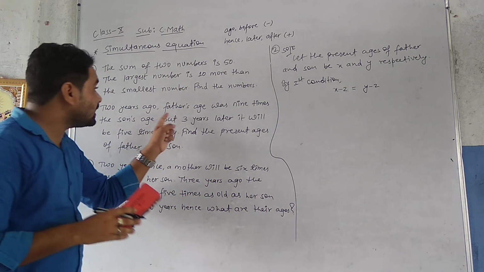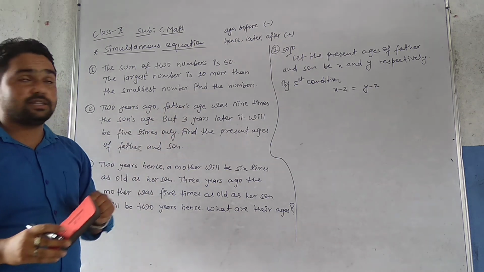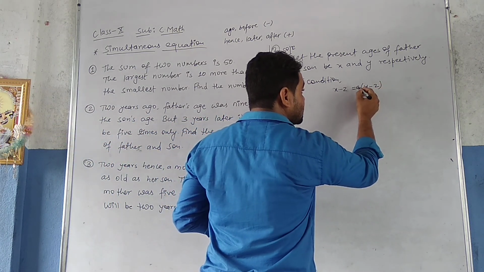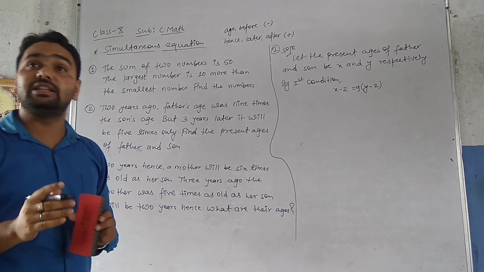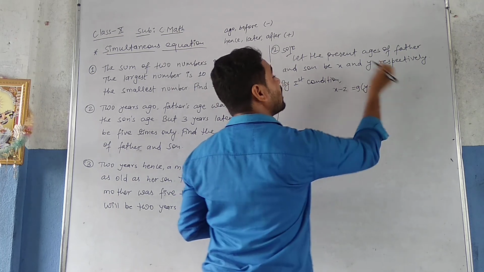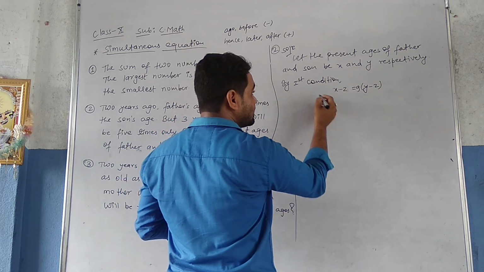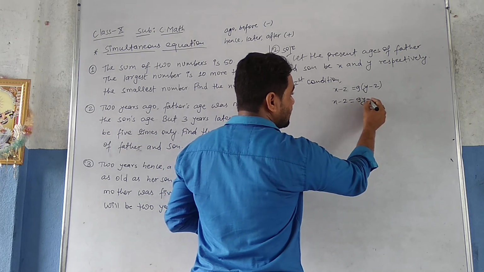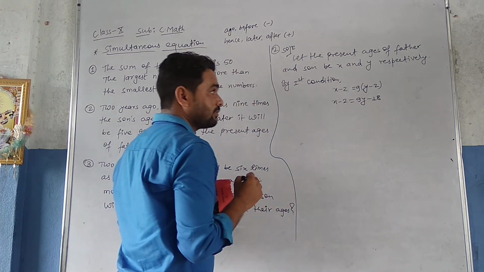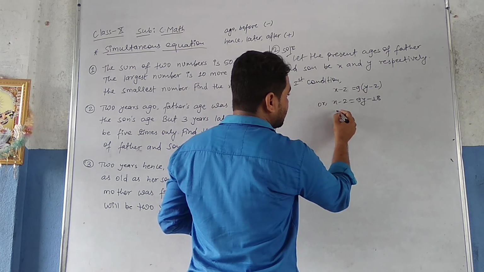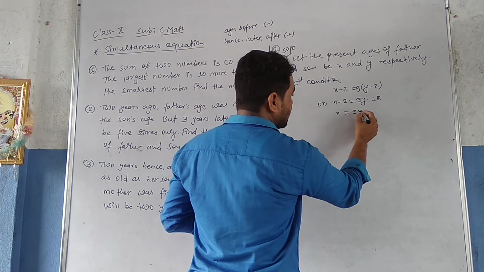And it is given that 9 times the son's age, so we have to multiply by 9. x minus 2 equals 9 into y minus 2, and make it into simple form. x minus 2 equals 9y minus 18.